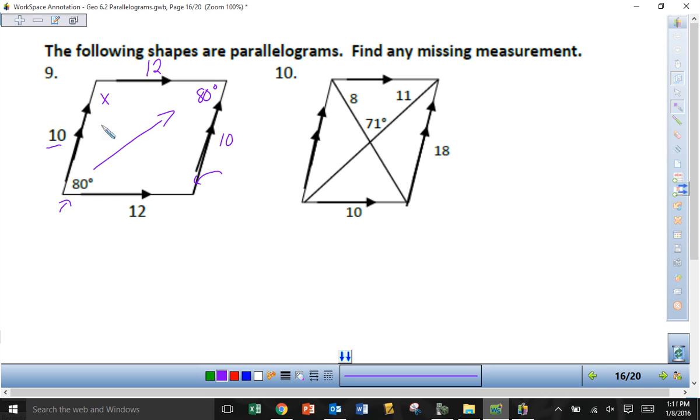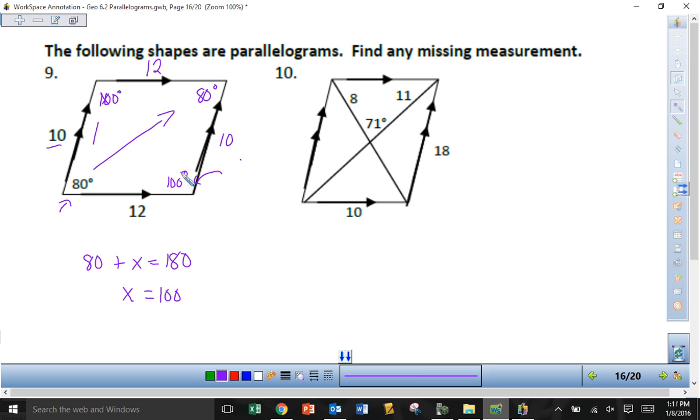So if these two have to be supplementary, that means they have to add up to 180. So we're looking for 80 plus x to equal 180 degrees. Solve for x by subtracting 80 from both sides, so that x has to be 100 degrees. So this will be 100 degrees there, which makes this bottom angle over here 100 as well.